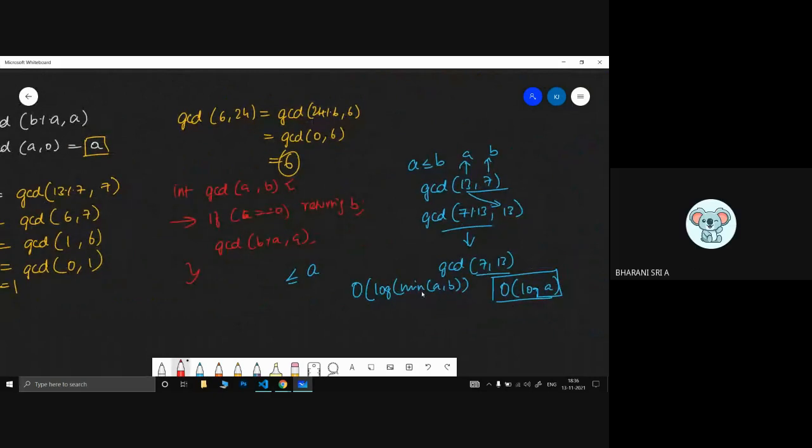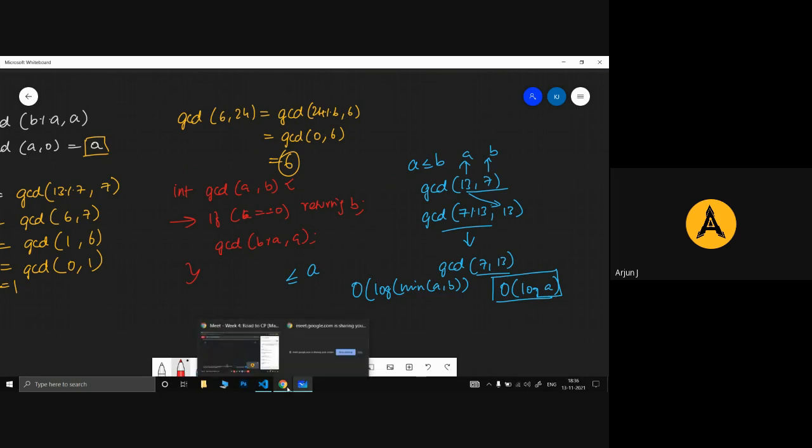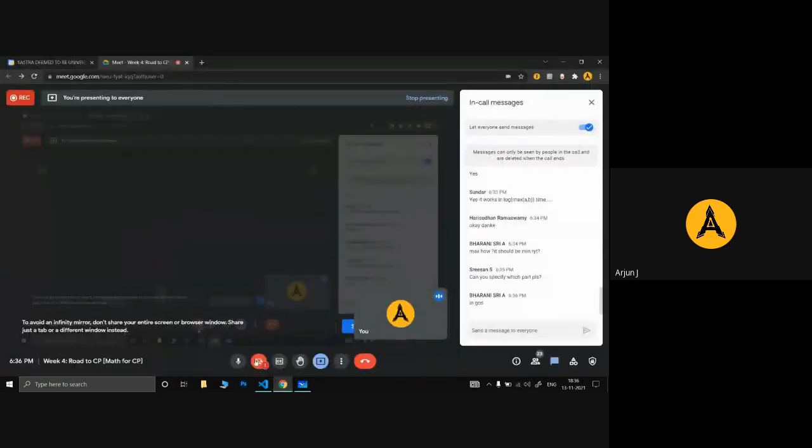Yes, Sundar mentioned log of max a comma b. It should be min of a comma b, right? Yeah, it is going to be the minimum of a comma b. There are proofs for the same too, and the link has also been provided in the CP resource sheet. You can refer to the same. The proof is based on some mathematical induction.